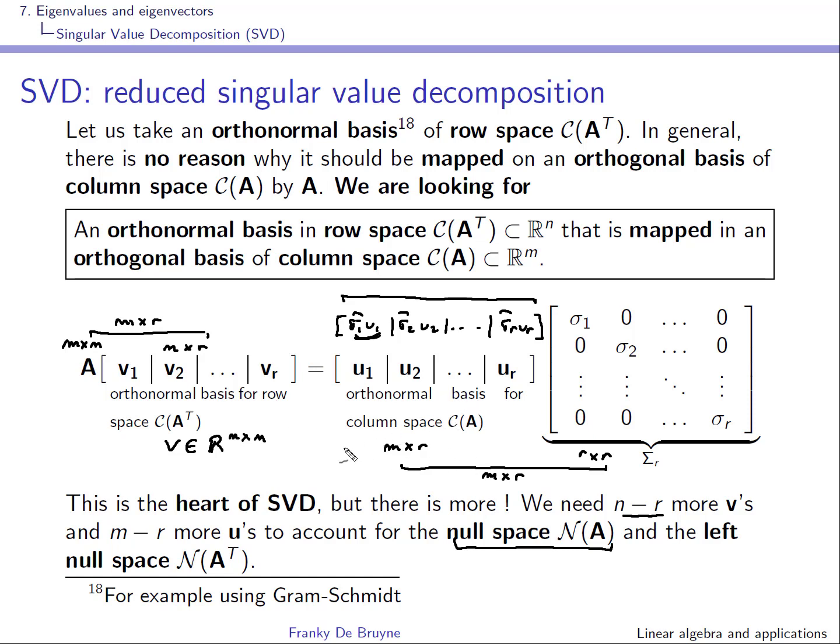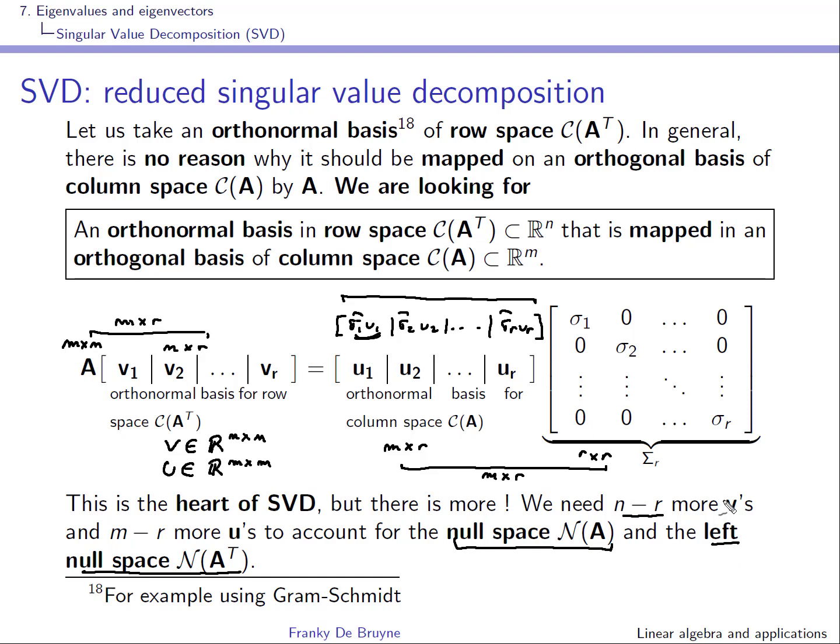So here we have a matrix U, and we would like it to be in R m times m. So we need a few columns here. Okay, we need actually m minus r more u's. And we'll find them in the left null space.